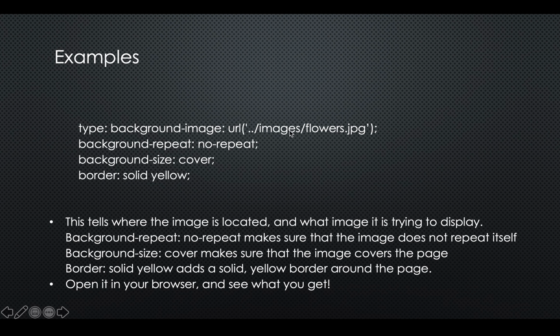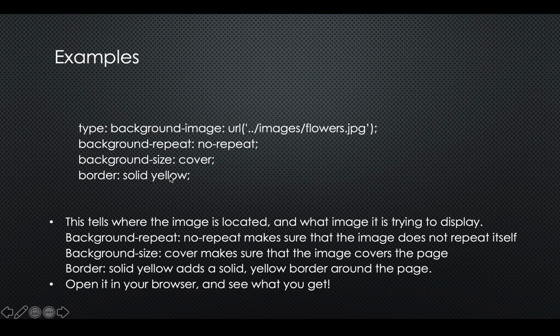So when you are linking files such as CSS or images, you have to tell your computer or your HTML code where this file may be located. You can't just put an image when you are linking it into your HTML, because it's trying to find it somewhere on your desktop or whatever folder that it is in. We also have background repeat, no repeat, background size, cover, and border solid yellow.